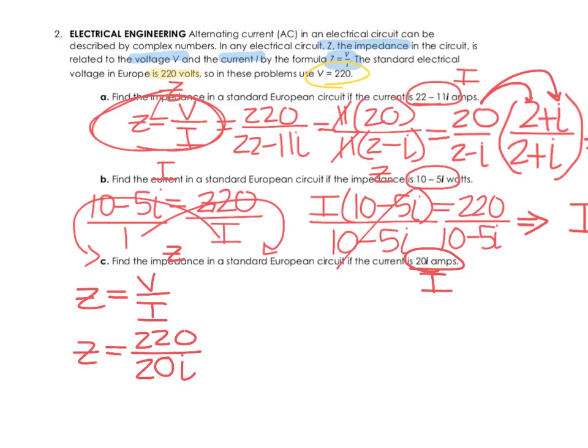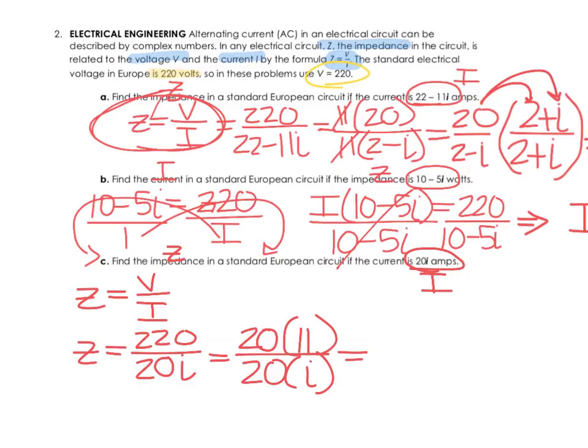Now here we can just simplify this down, so we can take out a GCF. Actually we can take out 20. If we take out 20, we end up with 11 on top, and if we take out 20 here, we end up with i.